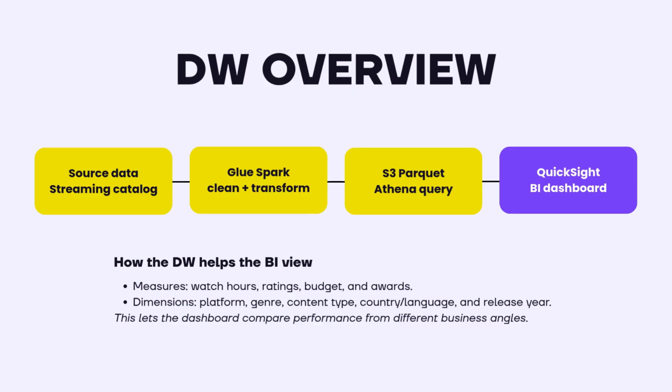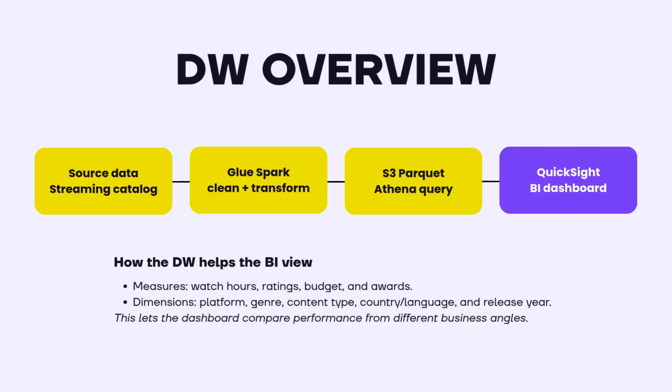Before we go to the dashboard, I will briefly explain how the data pipeline supports the BI view. The source data is the streaming catalog. It is cleaned and transformed using PySpark, stored as a Parquet file in S3, queried through Athena, and visualized in QuickSight.